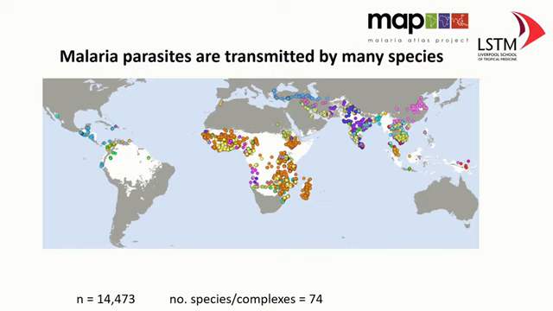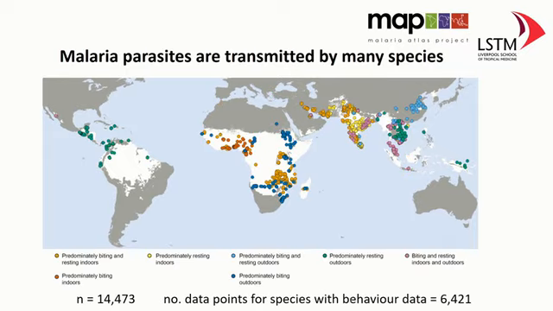So we may be able to classify the species data we have linked to our phenotypic data based on behaviour. And in one example here, we're showing the feeding and resting indoors and outdoors. If we classify the species in this way, we can start to see a simplified version of the species map.